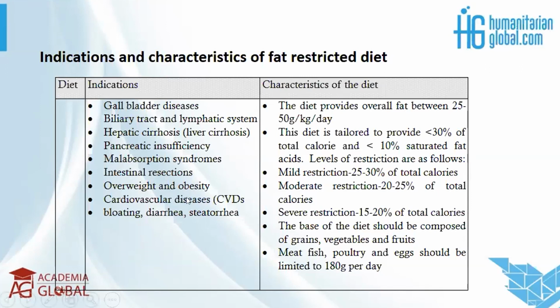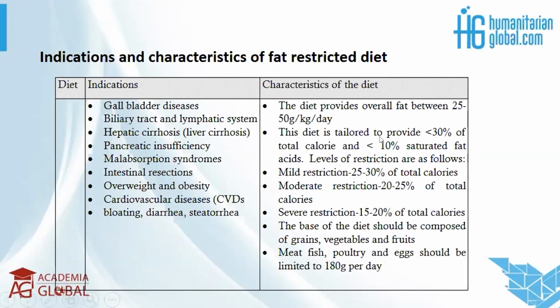Being overweight and obese, cardiovascular diseases, bloating, diarrhea, steatorrhea, all that are some of the prescriptions of a low-fat or fat-restricted diet. And then characteristics of this diet, you are being told it can provide somewhere between 25 to 50 grams per kg of body weight per day.